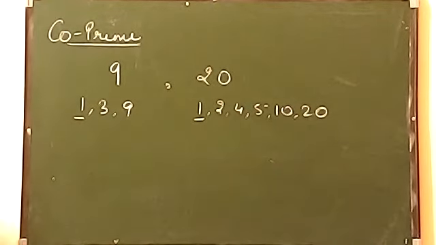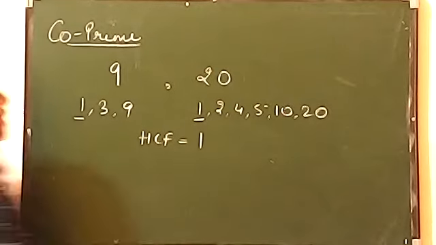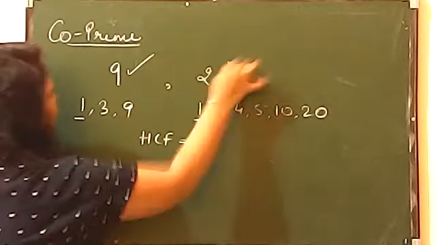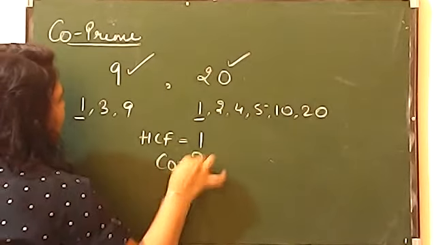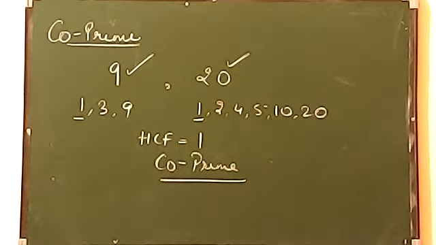So it means the HCF is only one, and if the HCF is one, it means they both are co-prime numbers.